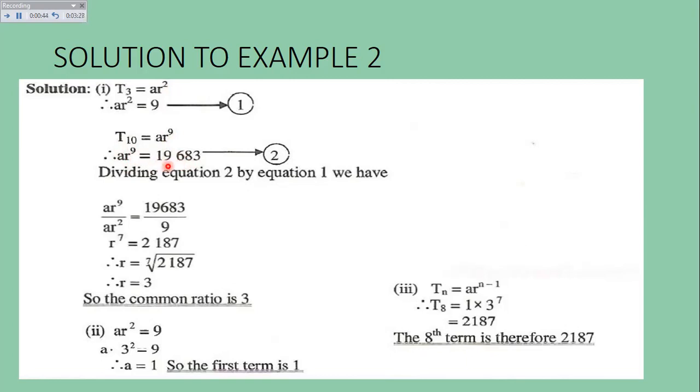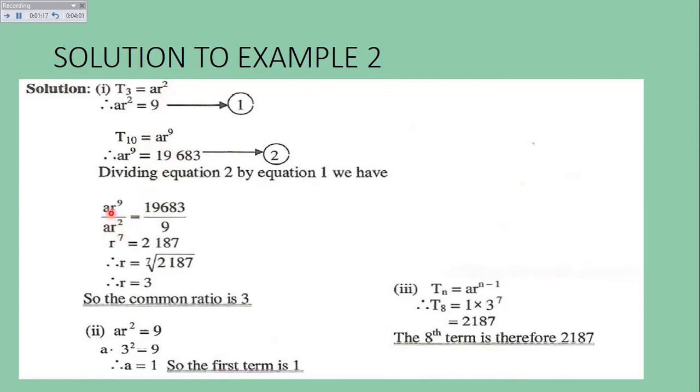So you can see that we have these two equations. Dividing equation 2 by equation 1, the greater number should always divide the smaller number. So here we have AR9 divided by AR2. We are going to have 19,683 divided by 9, because AR9 is this value and AR2, which is our third term, is 9.